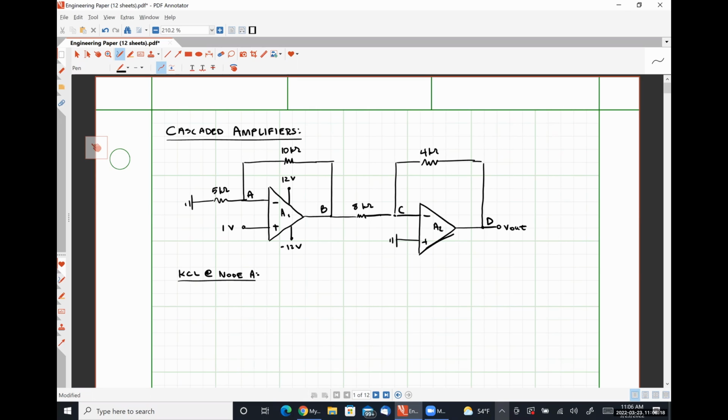So if we apply KCL at node A under the constraint that no current can flow into or out of that input terminal, what we see is that we will have VA over 5 kilo ohms plus VA minus VB over 10 kilo ohms is equal to 0. Nothing wild or crazy there.